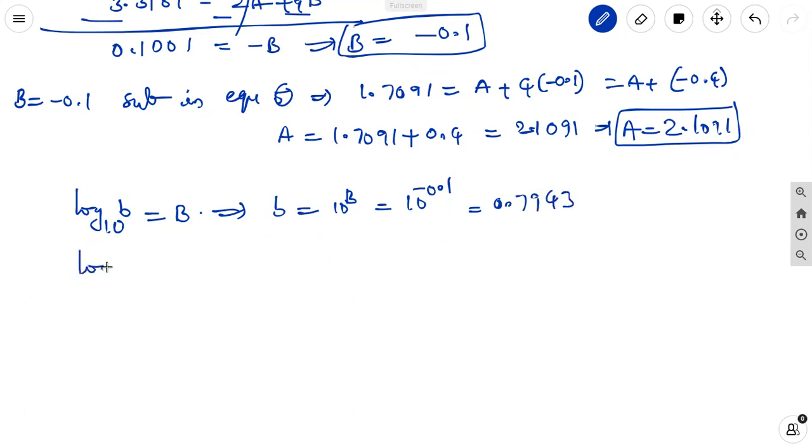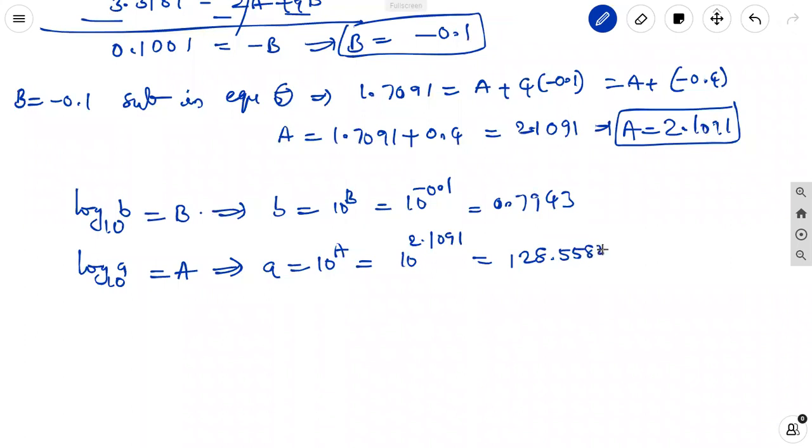Next, log small a base 10 equal to capital A. So small a equal to 10 power A, equal to 10 power 2.1091, equal to 128.5582.